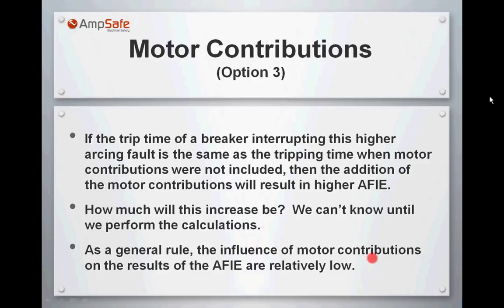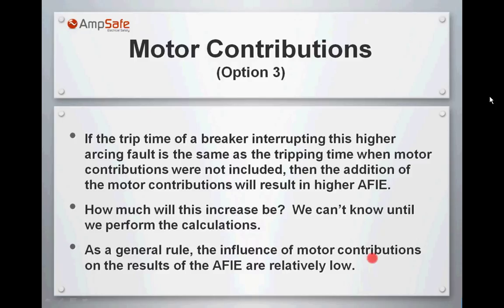If you make a big effort surveying motors in the field in order to include them in your calculation, you might be spending so much more money, and the effect on the arc flash incident results will be just moderate, so it might not be worth it. That's a point you have to consider.